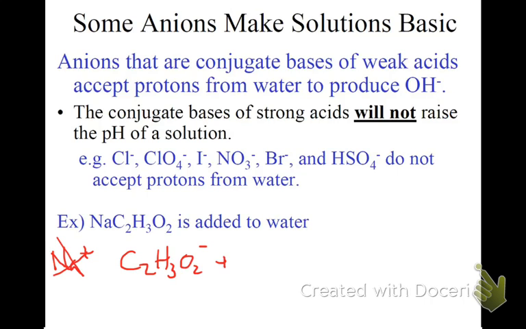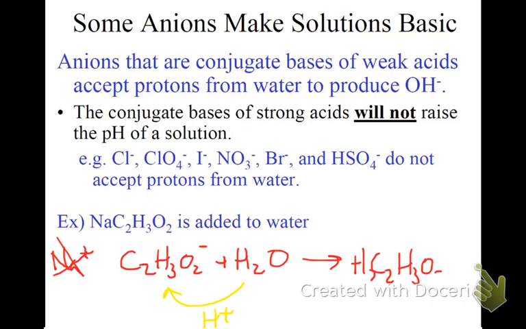When this is added to water, we would do kind of the same Bronsted-Lowry song and dance. The water is going to donate a proton over to the acetate, and what that's going to make for us then is HC2H3O2 and hydroxide, OH minus.